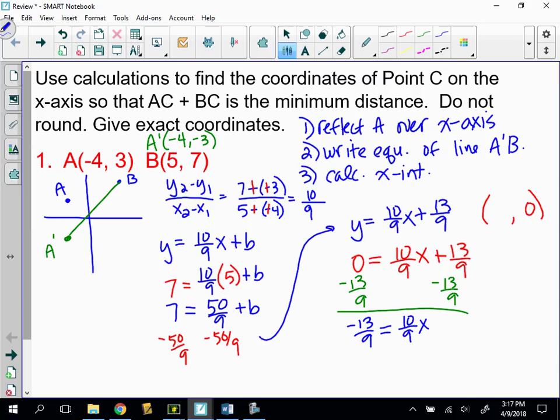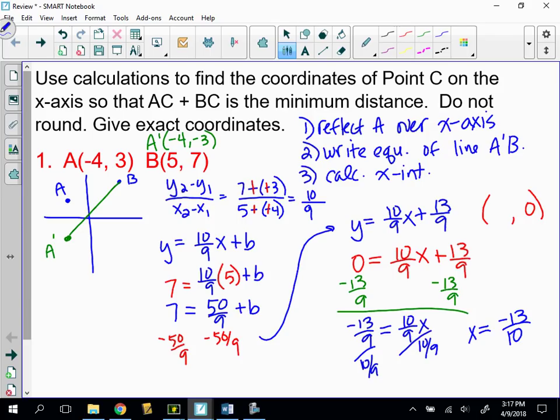Okay, and then now I'm going to solve for x. So I can either multiply both sides by a reciprocal, I can divide by 10 ninths, however you want to think about that. Okay, so if I've got negative 13 ninths and I divide by 10 ninths, as a fraction, I end up with x equals negative 13 tenths.